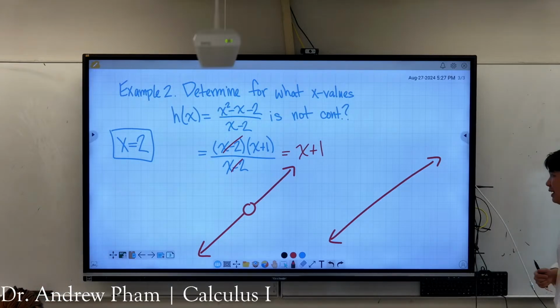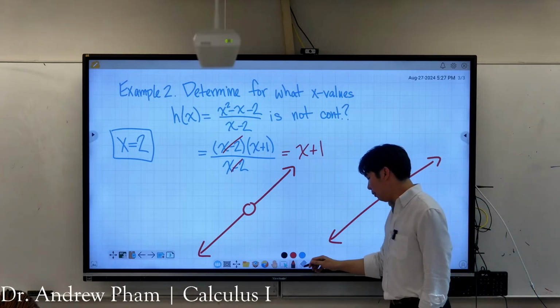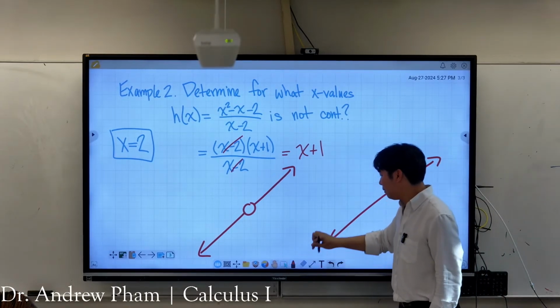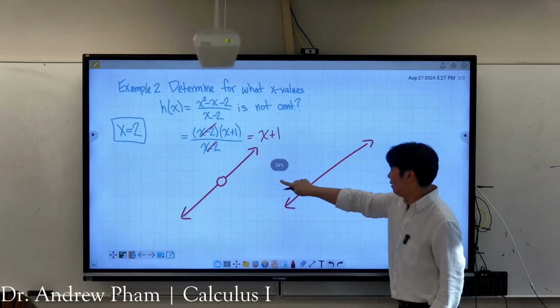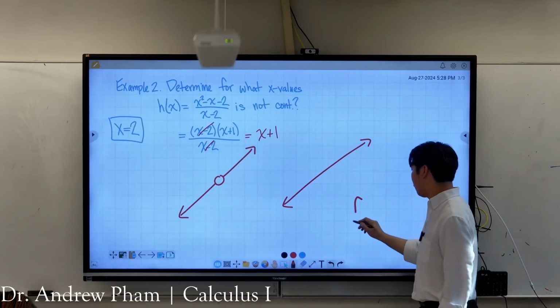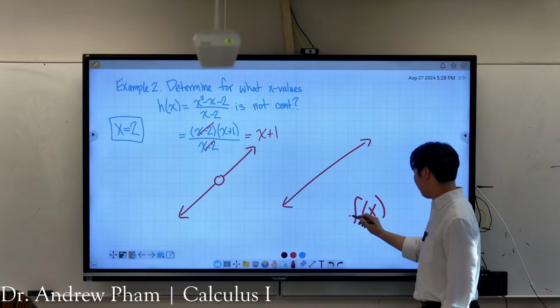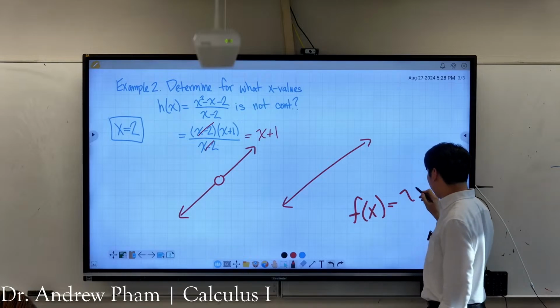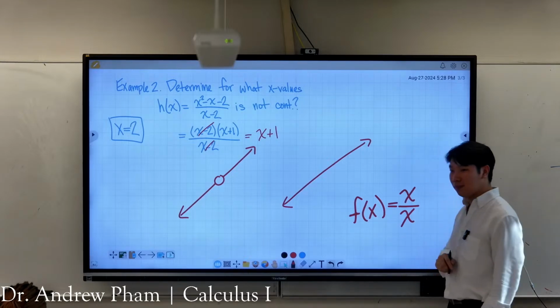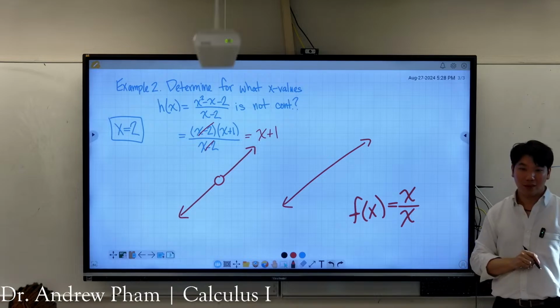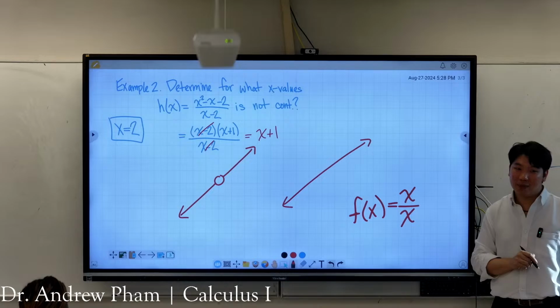This would apply even if I gave you something as simple as this here. Again, we're used to algebra. We say we can clean that up. It's the same thing on the top and the bottom.